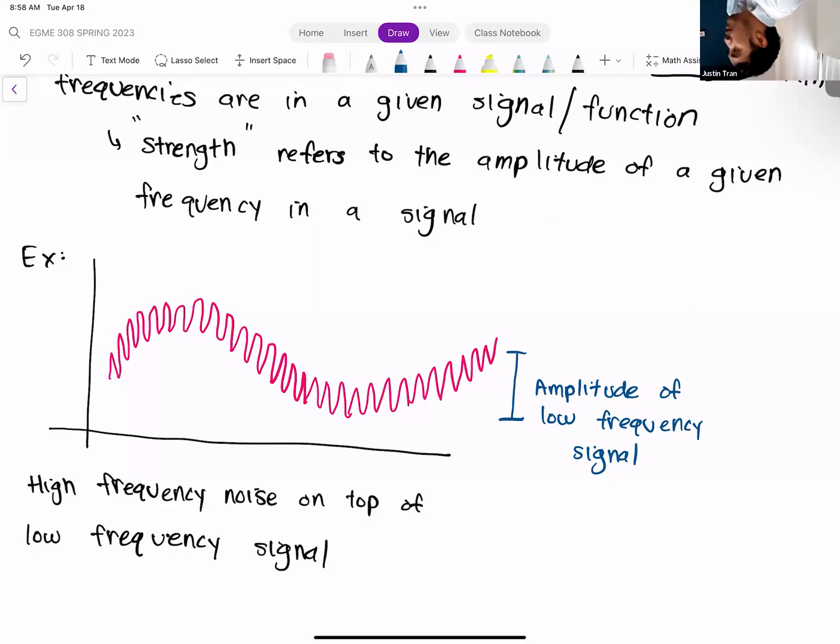The approximate amplitude of the low frequency signal is given by that. Okay. And for the high frequency signal, it's a lot less. It's a little bit harder to draw this measurement from this peak here. This right here would be the amplitude of the high frequency signal.